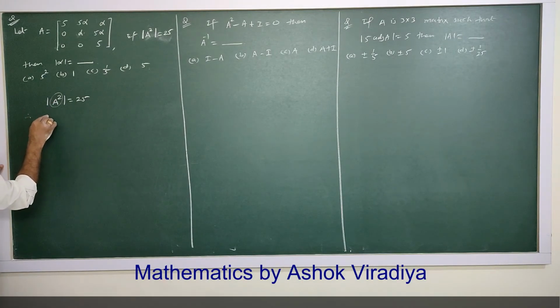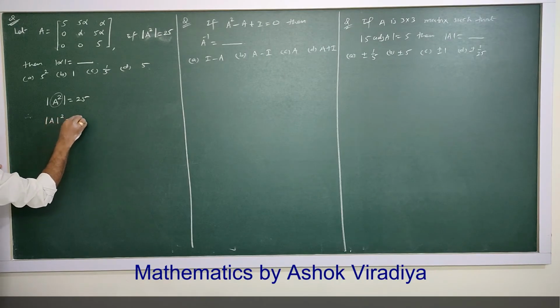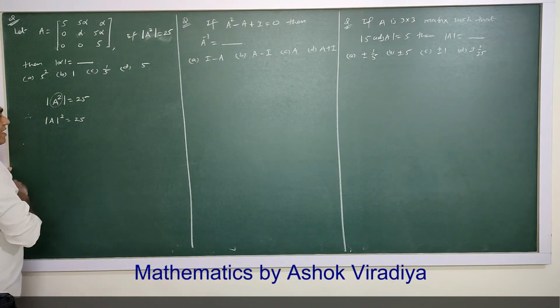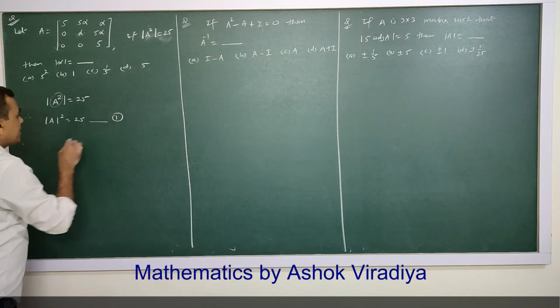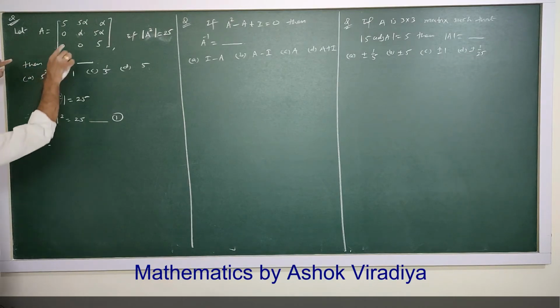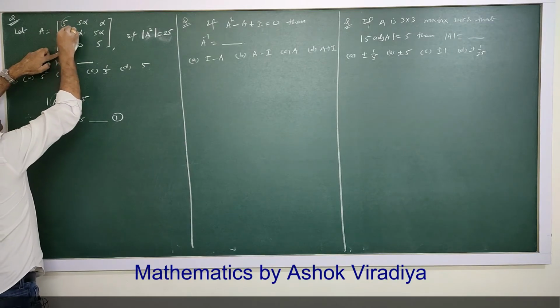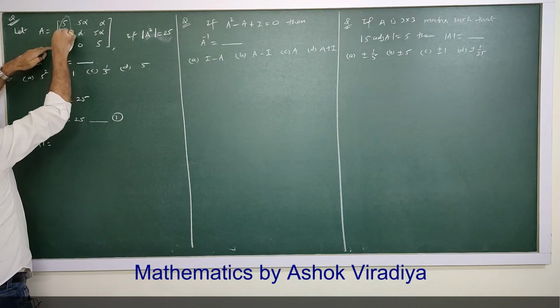No need to find A square because we use the property: determinant of A square is the square of determinant of A. So this property we are using. Determinant A square is 25. Now we are finding the determinant value of A. So determinant A from this matrix, using this first column we can calculate, because here there are two zeros.